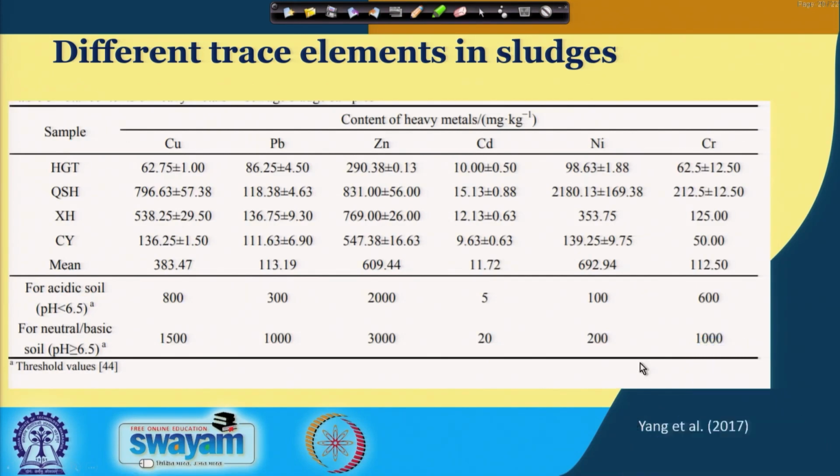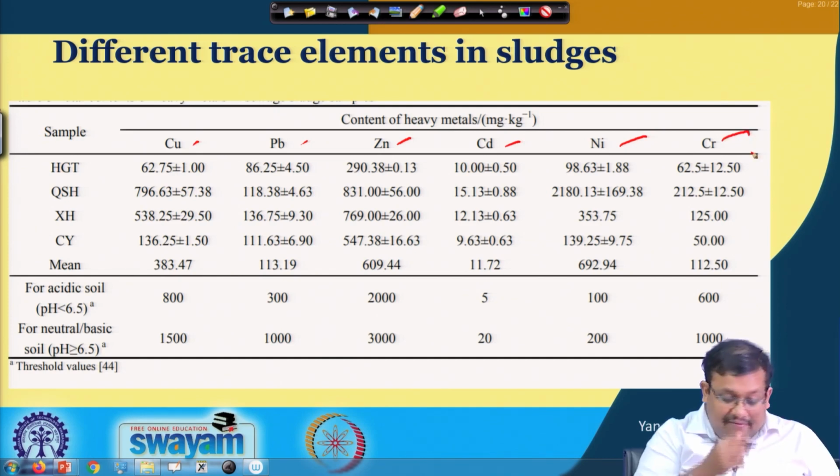This is another data set, produced by Young et al. in 2017. We can see the content of heavy metals, for example copper, lead, zinc, cadmium, nickel and chromium, and how they vary in different parts of the study area.